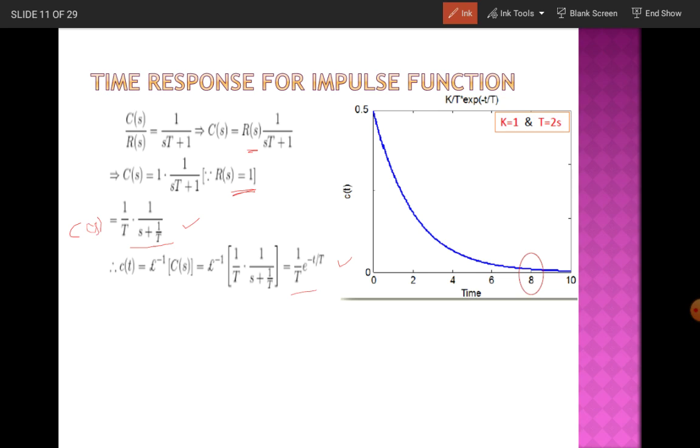Initially you get a high magnitude, after that it decays and finally it reaches zero.